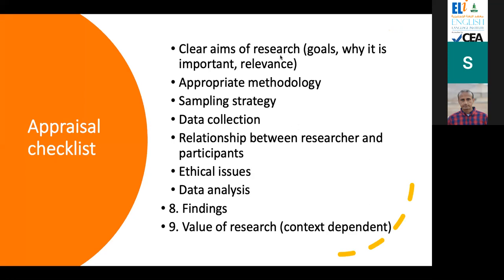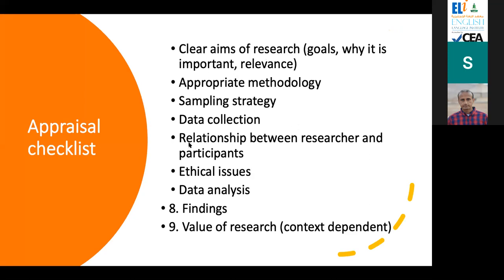Clear aim of research, that is very important. Usually in the beginning, researchers disclose their aim. Then appropriate methodology, sample, sampling strategy, data collection, and relationship between researcher and participant. This is very important.